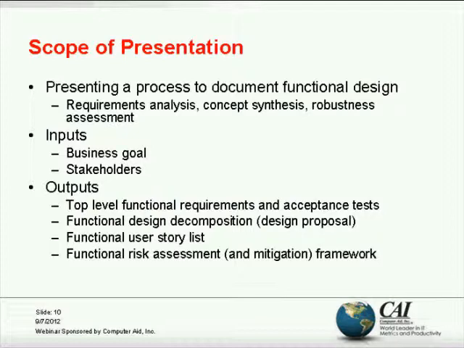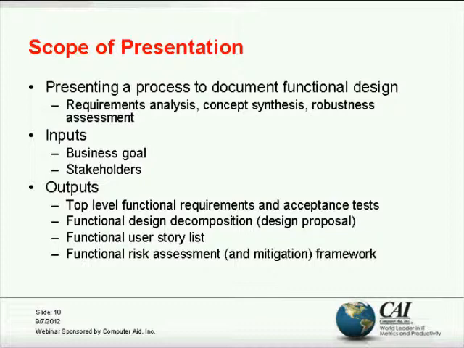And then my outputs at the end of this phase will be just 4 things. We'll have top-level functional requirements and acceptance tests. We'll have what we call a functional design decomposition, which is actually kind of a concept proposal. We'll have a user story list, and then I'll have a risk assessment and a mitigation framework that will have been built around that functional decomposition.